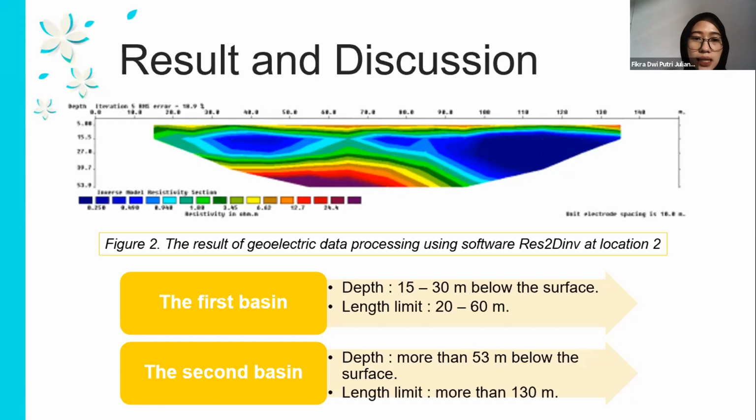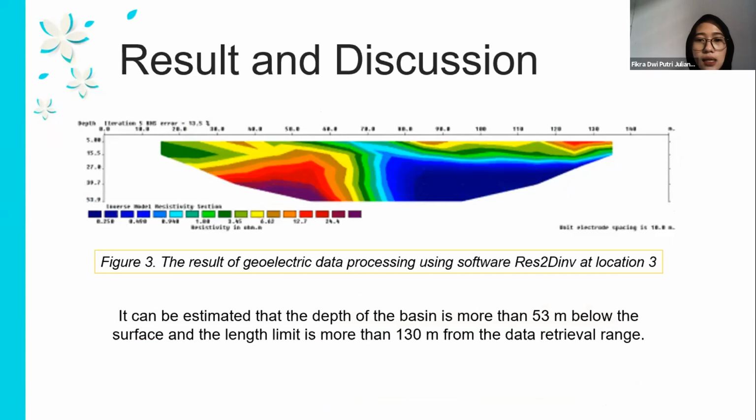The second basin is more than 53 meters below the surface, and its length limit is more than 133 meters. And location 3 is the same as location 1, with 53 meters below the surface, and the length limit is 133 meters.